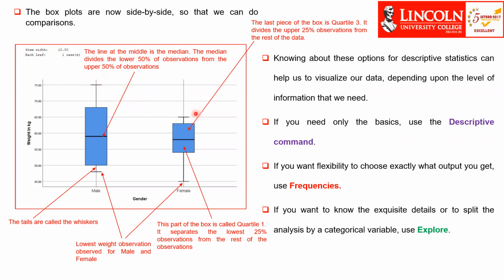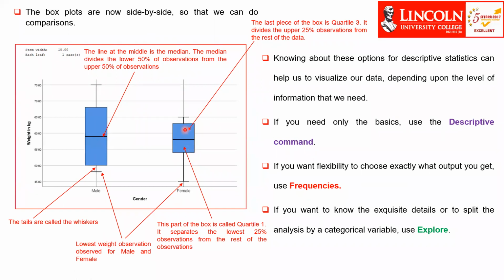Then in this section, you can see we have a box that is divided into two. The lower part is referred to as Q1. This separates the lowest 25% of observations from the rest of the observations.